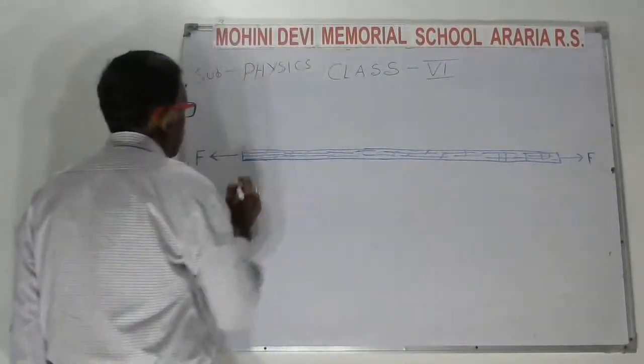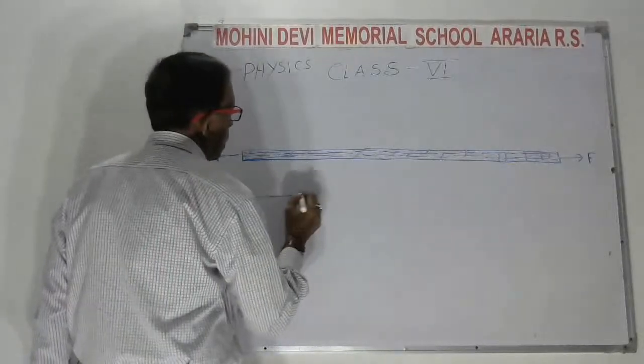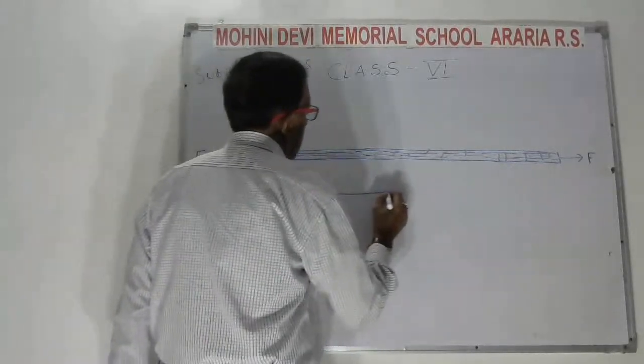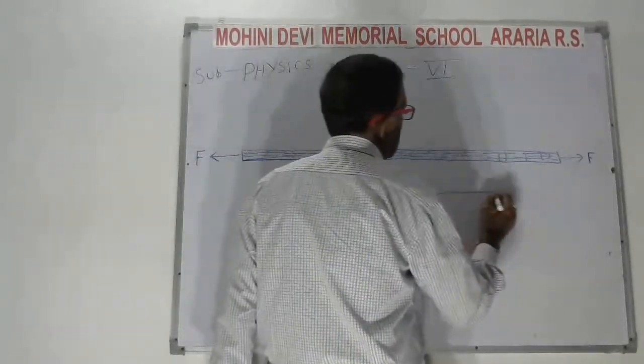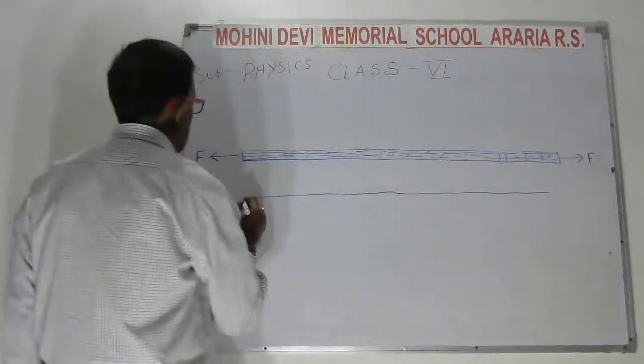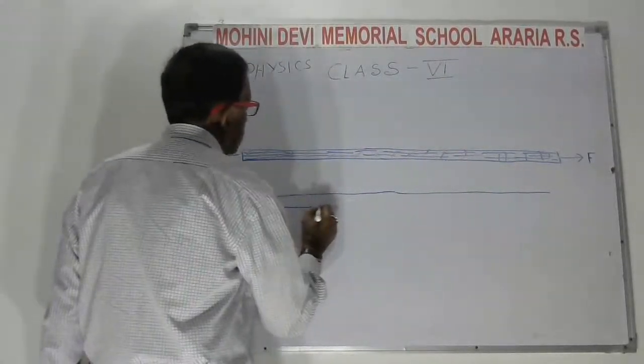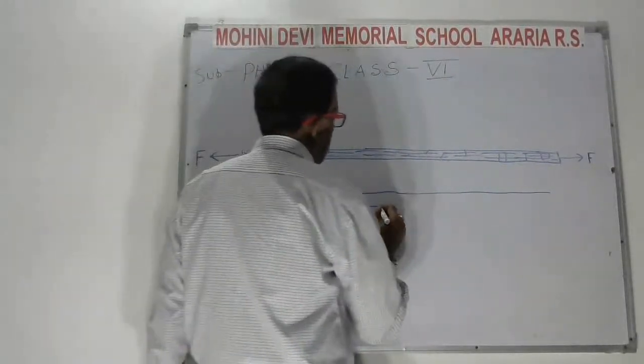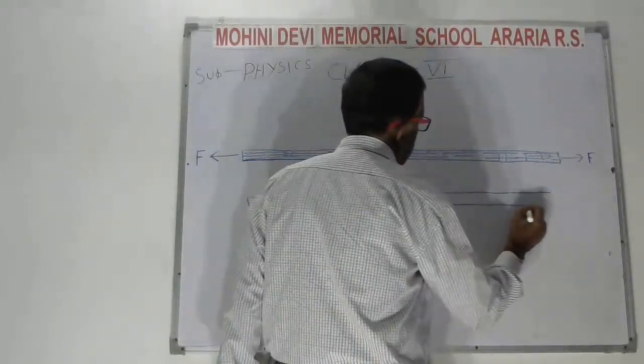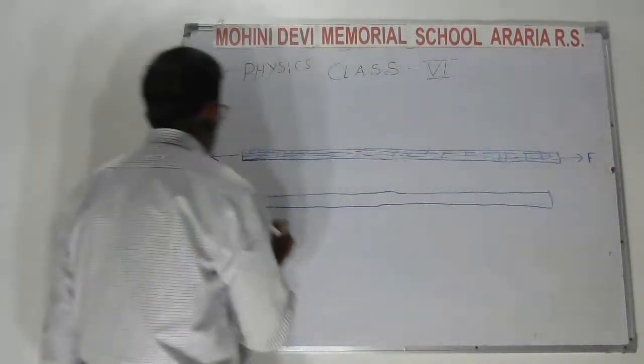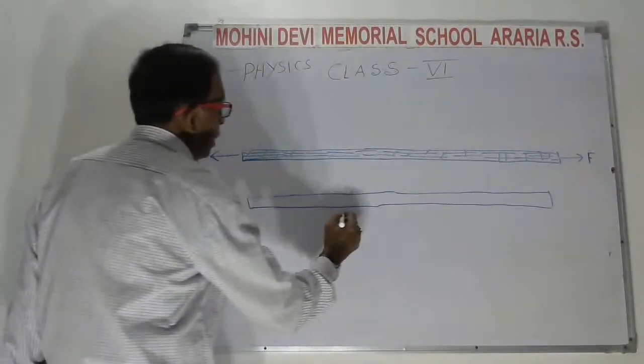But when you apply a force on elastic tape, the word elastic means that when a force acts on that object, its length, shape and size will be increased or decreased. It is elastic.